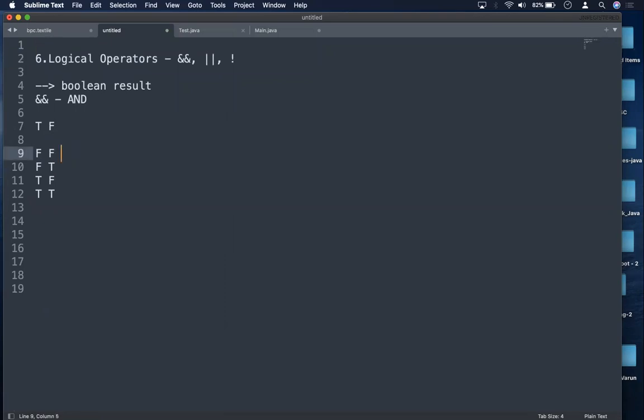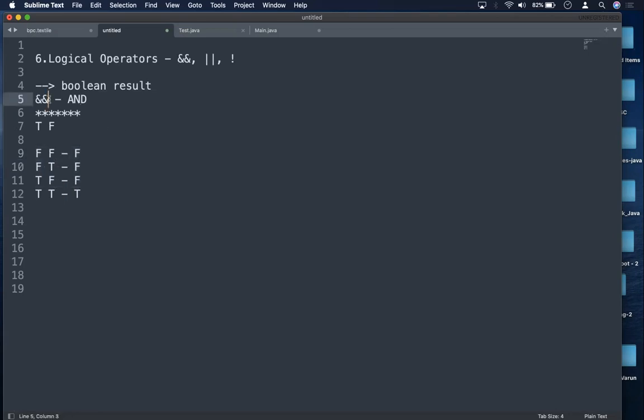Whenever two inputs false and false come, the result for the AND operator is going to be false. Other than the last one, where both the inputs are true, everything is going to be false. Only when true and true, the result is true; the rest are all false.